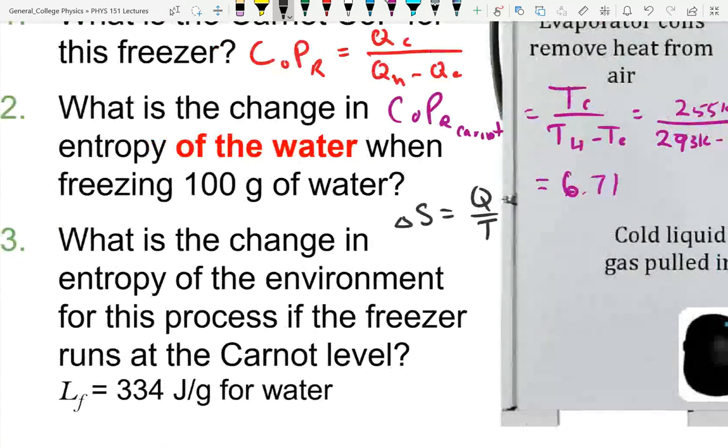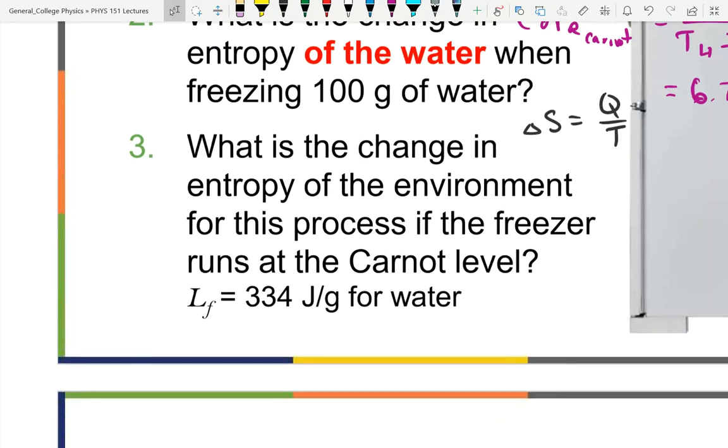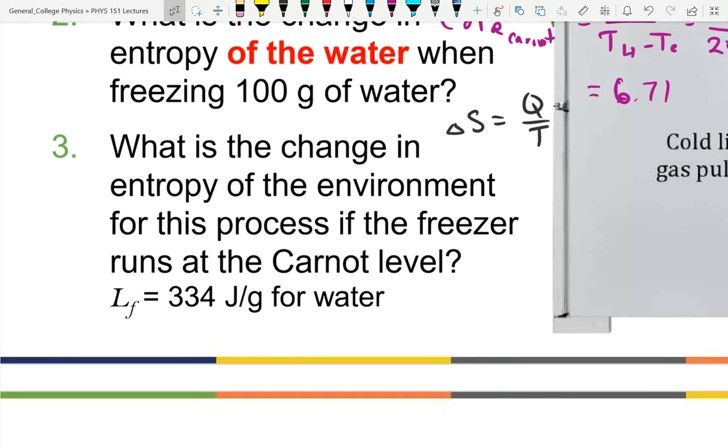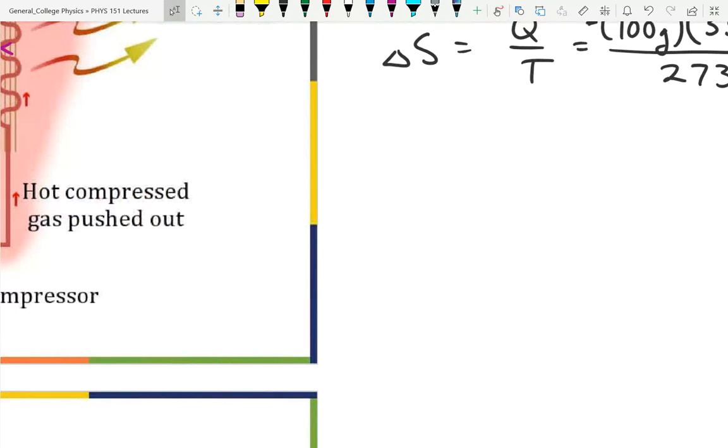Now, what is the change in entropy of the environment for this process if the freezer runs at the Carnot level? How do I calculate the change in entropy for the environment? This is outside the refrigerator. What's happening outside the refrigerator?